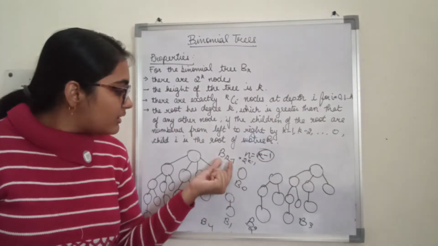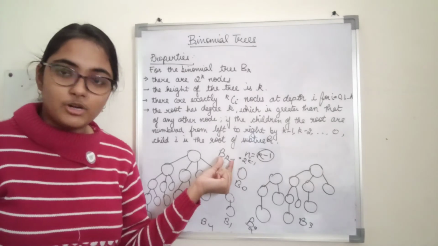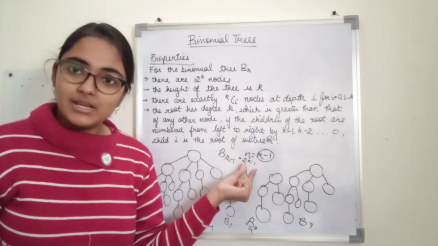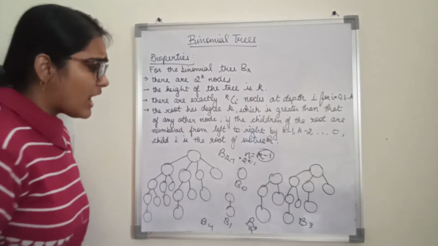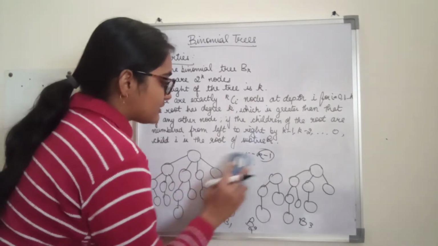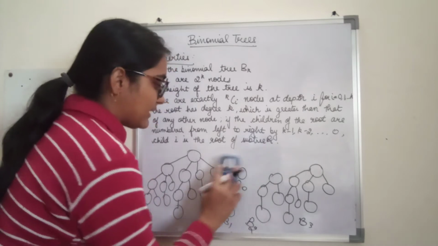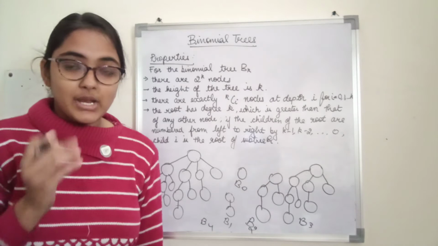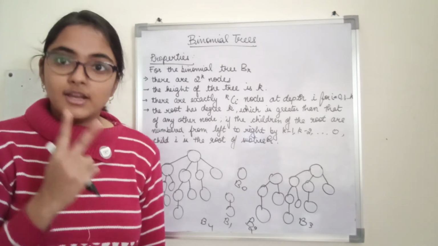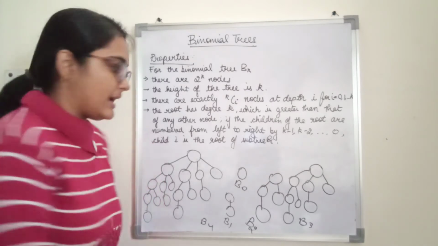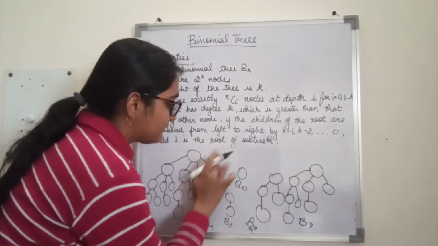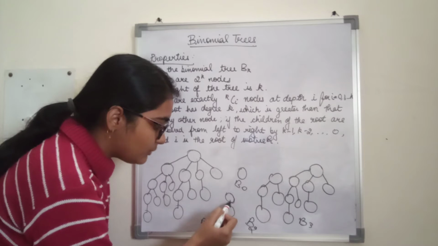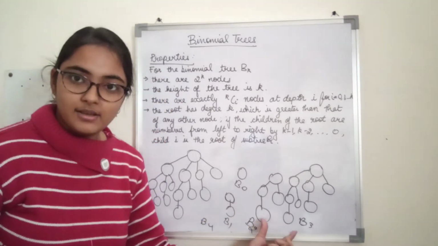So for Bk minus 1, if it is true, then what it means is that in that particular tree we have 2 power k minus 1 nodes, right? So how is Bk constructed from Bk minus 1? We are linking two binomial trees of Bk minus 1 to form Bk, right?